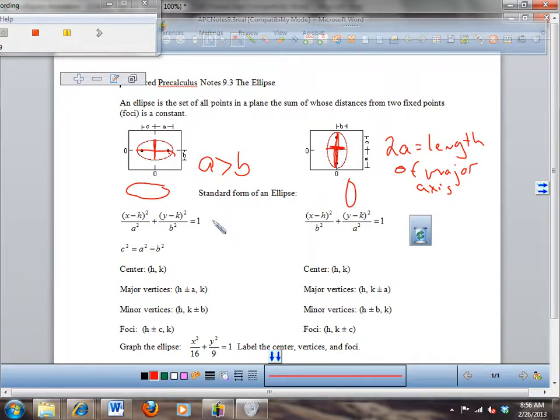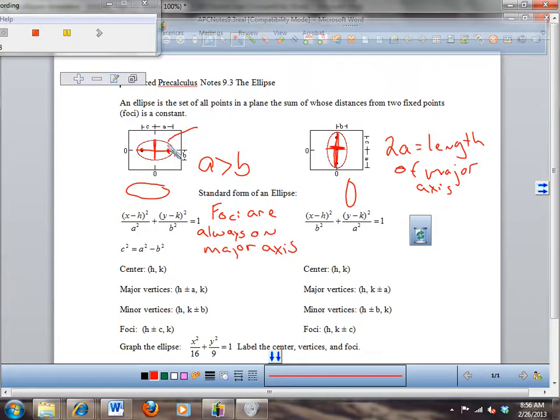The foci are always on the major axis, always on the same line that A is on. The foci are here and here.